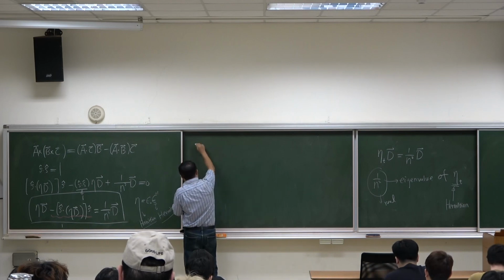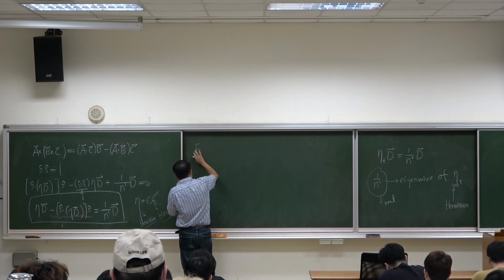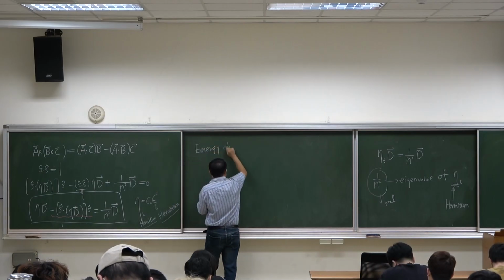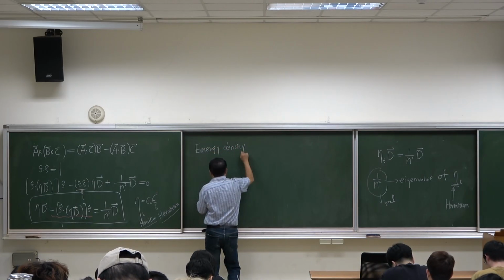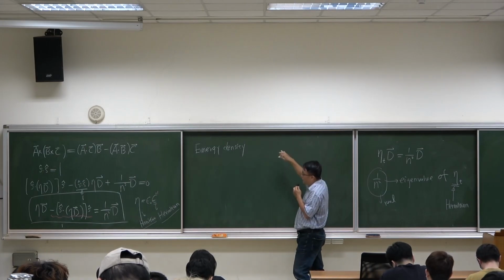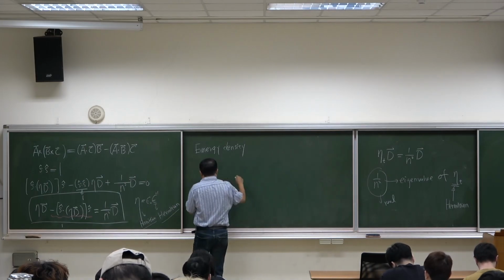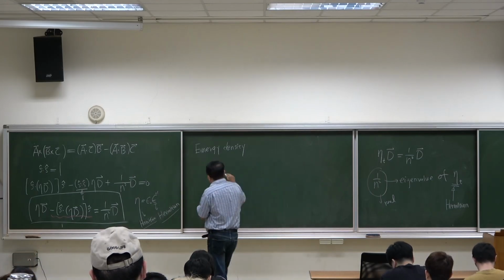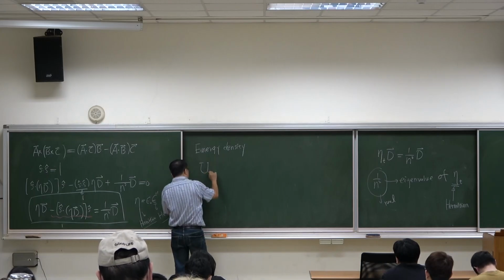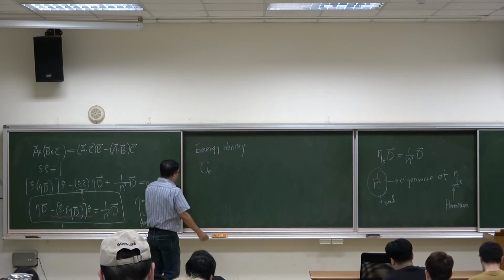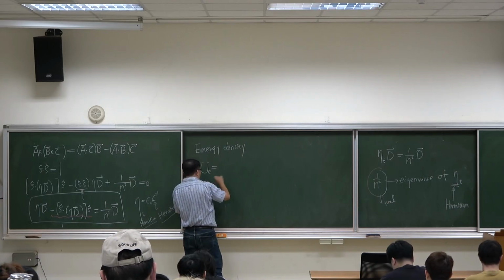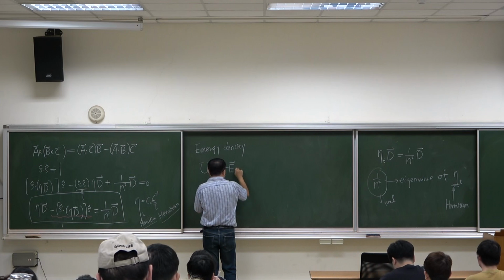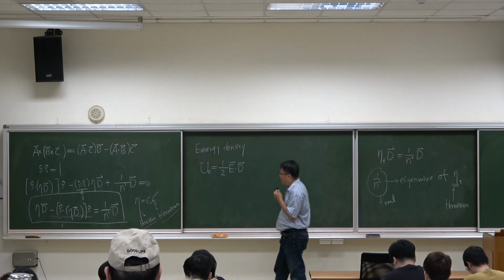We know that the EM energy, we consider the energy density of the EM wave. We now consider only the electric field part. We denote the electric field energy density, which is equal to 1/2 E dot D.